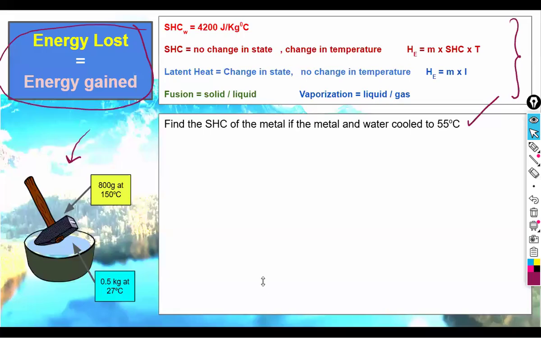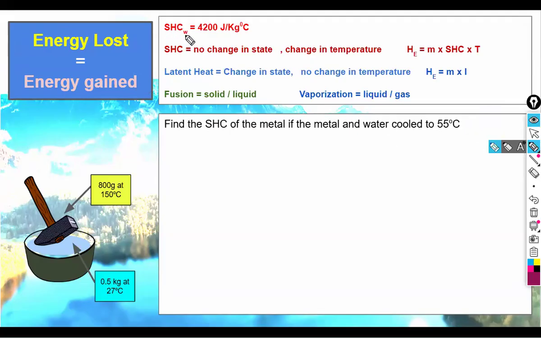So when you're given a question, people like to give you the values of certain things. Like the specific heat capacity of water, the W is for water here, is 4,200. How did scientists figure that out?